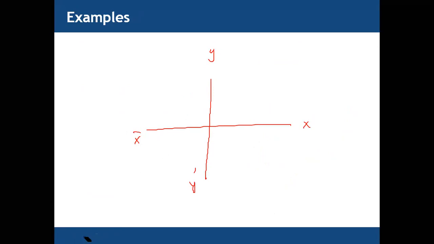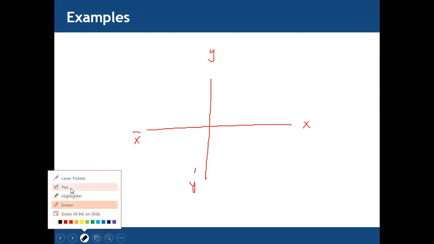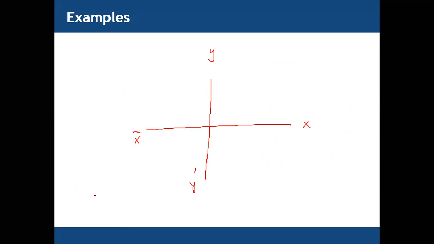First of all, these are called Cartesian coordinates or rectangular coordinates. Rectangular coordinate system, Cartesian coordinate system, CCS, or simply you can say the XY system.